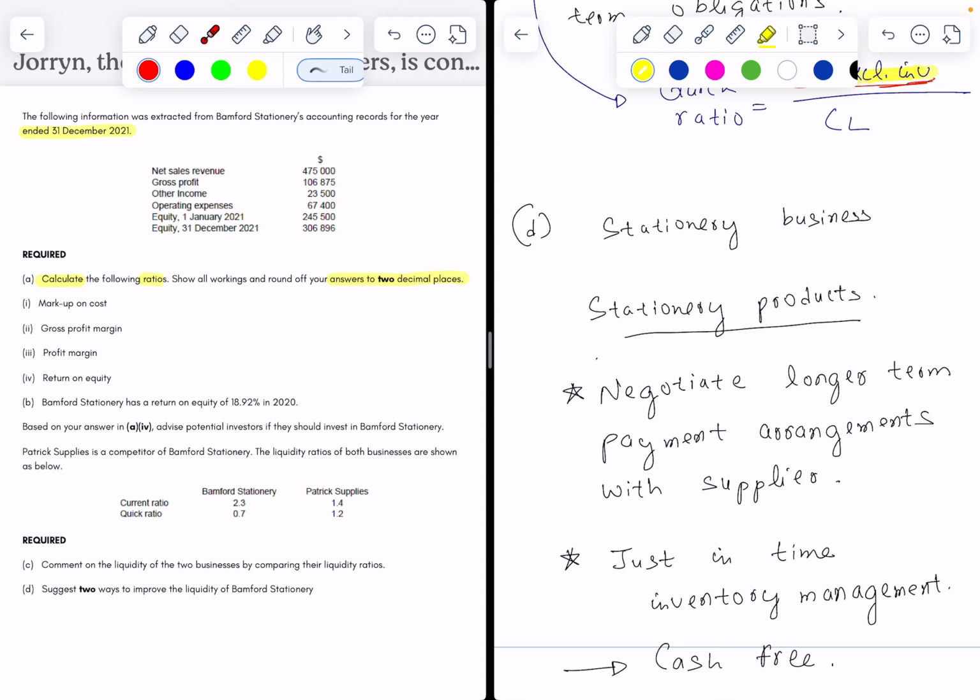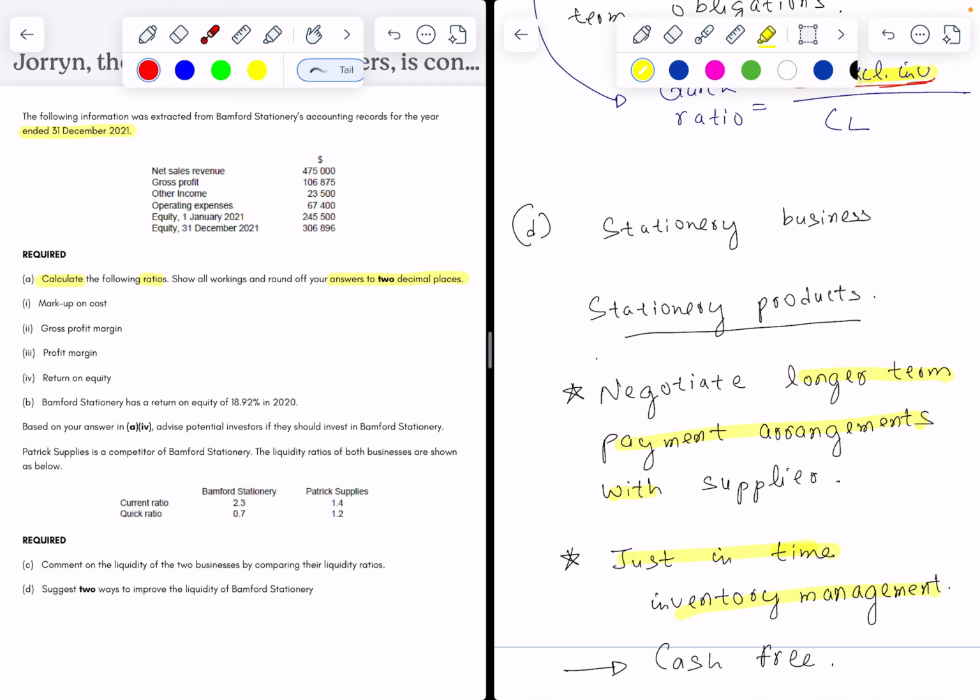Now, Bamford could obviously have suppliers for all the products they sell in their business. Therefore, in terms of having more cash available and improving your liquidity, what we could do is negotiate longer-term payment arrangements with suppliers. So what happens is that we have more cash in our books to service our short-term obligations. You could also discuss just-in-time inventory management as a second point.